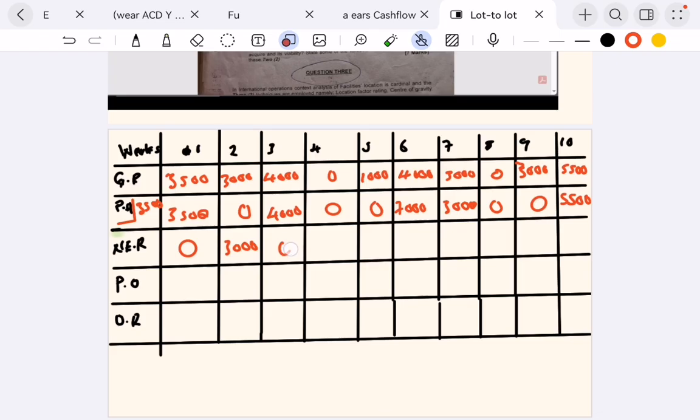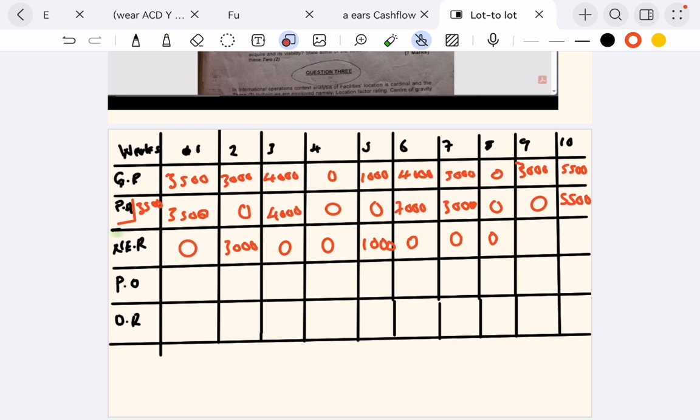Here there will be 0. Here there will be 1,000. Here what we need is 4,000, what we're projecting is 7,000, so we don't need anything anymore. We'll just put 0 here, because we have already fulfilled what we needed. Here in 7 there is 0, 8 is 0.